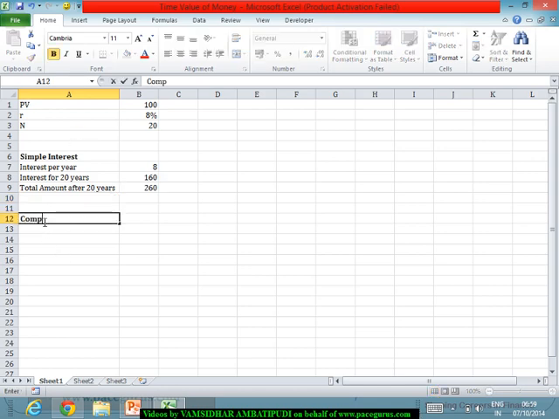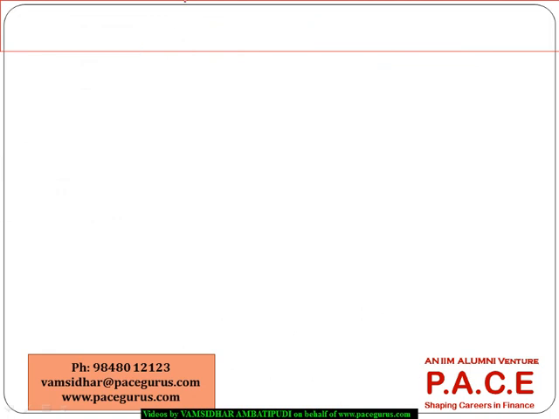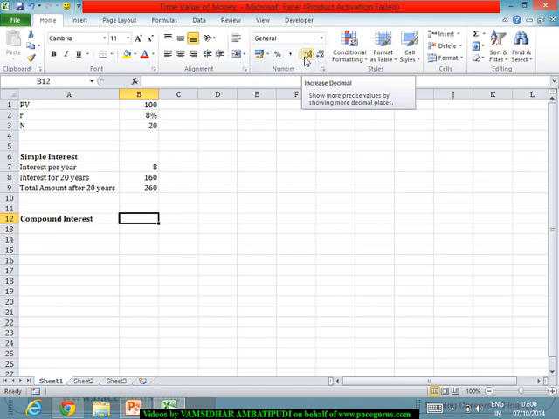But the compound interest works slightly differently. In case of compound interest, because the interest is applicable on the interest, the way we relate the future value with the present value is present value times 1 plus r to the power number of periods. So the future value comes as the present value times 1 plus r to the power n. So here we can directly get the amount after 20 years.